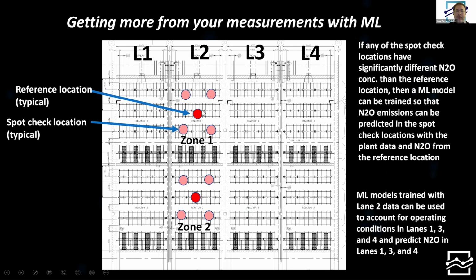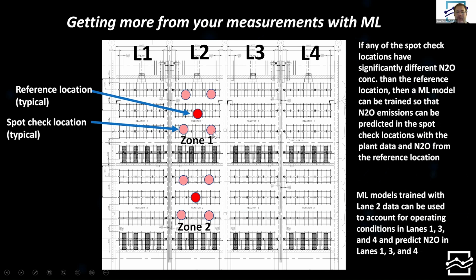But we can use this machine learning model to take into account the lane specific conditions. Generally, they operate the same, but we know that there's never perfect air distribution. We know that the DO concentrations aren't exactly the same, and slight differences in the operating conditions between one lane versus another can have a big impact on the N2O.